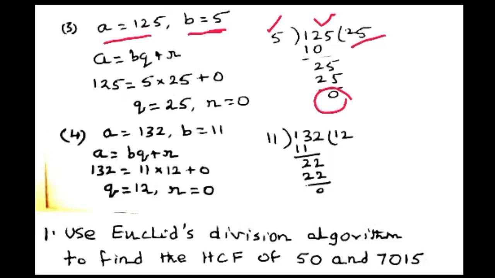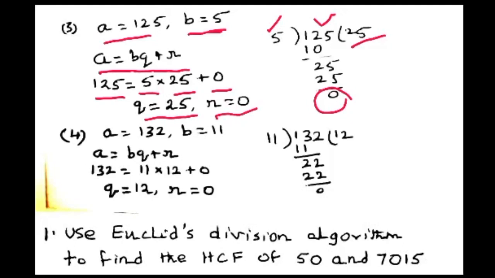Now the dividend 125 equal to divisor 5 multiplied by quotient 25 plus remainder 0. So this is in the form of A equal to BQ plus R, where A is dividend, B is divisor, Q is quotient, R is remainder. Therefore, quotient is 25 and remainder is 0.